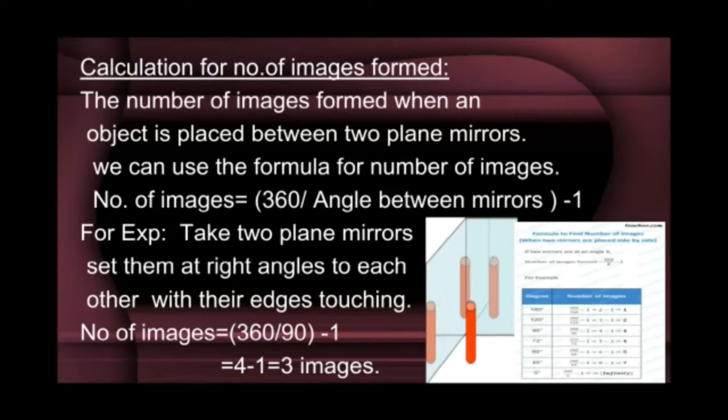And from the given chart you can also see the number of images with the corresponding angles like 180 degrees, 120 degrees, 72 degrees, 60 degrees, 45 degrees and 0 degrees.